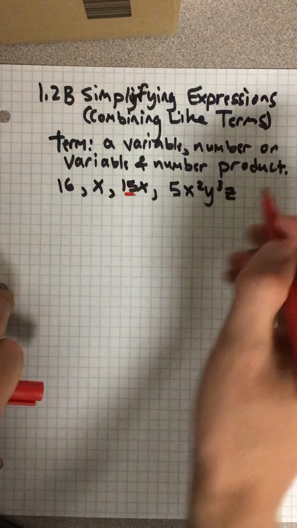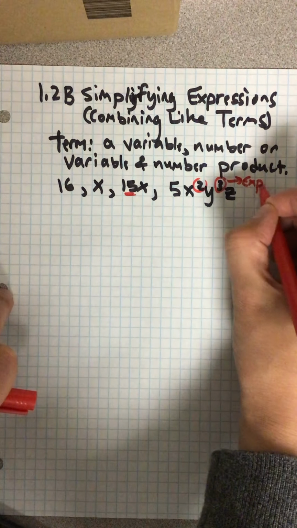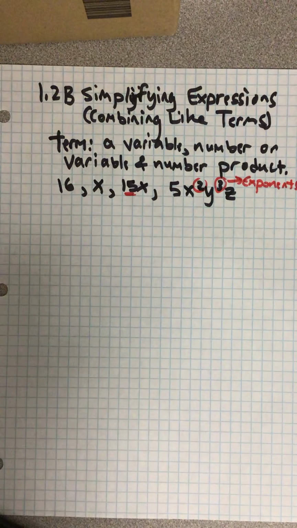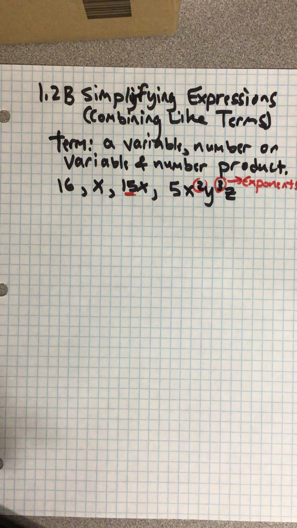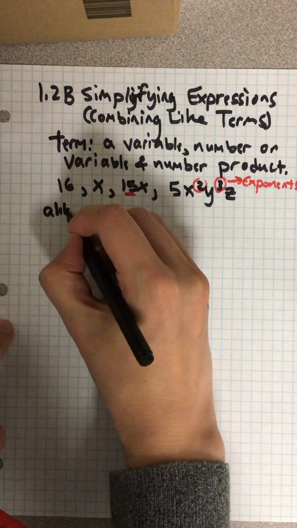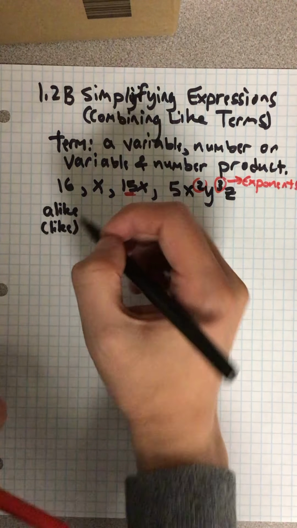Obviously, we have our two parts here, but these up here, these are our exponents. And numbers, letters, and exponents are used to distinguish between terms which are, and here's our second vocabulary word, alike. Or I'll also refer to it as just like.